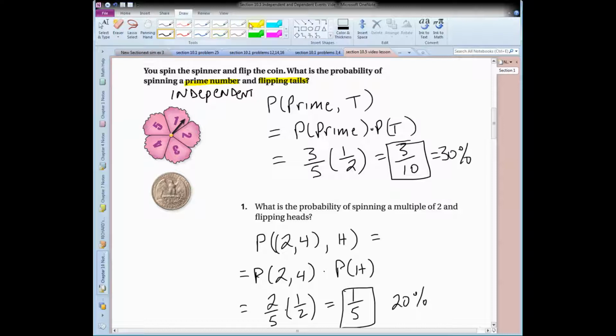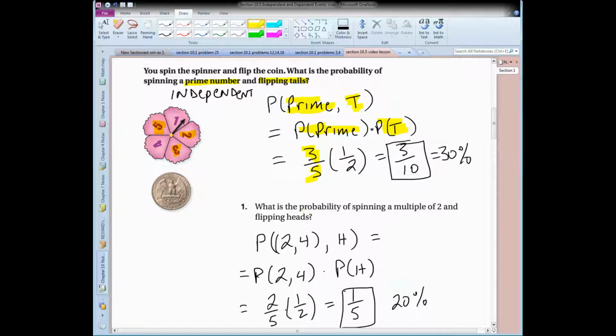So the probability of spinning a prime number and getting tails is the same as finding the probability of spinning a prime and multiplying it by the probability of getting tails. For the probability of spinning a prime number, you have to know what the prime numbers are. They start with 2, and then 3, and then 5, and so on. So 2 is the first prime number, and there are 3 out of the 5 numbers that are prime.